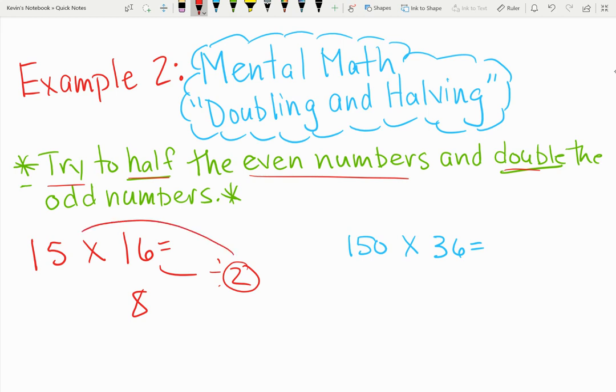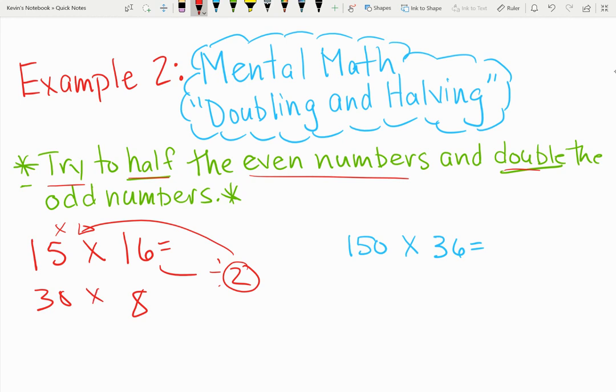I have to multiply my first factor by 2. So whatever one you half, you have to double the one on the opposite side. So we know 15 doubled is 30. And if you look here, I have 30 times 8.